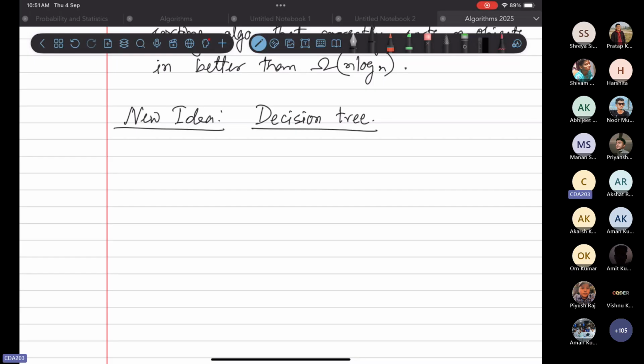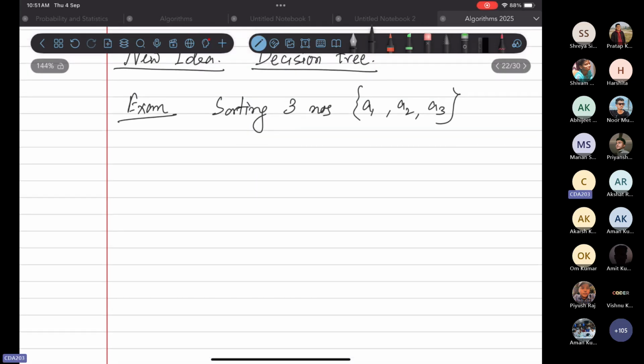So for example, I'm taking an example of just sorting three numbers, A1, A2, A3.